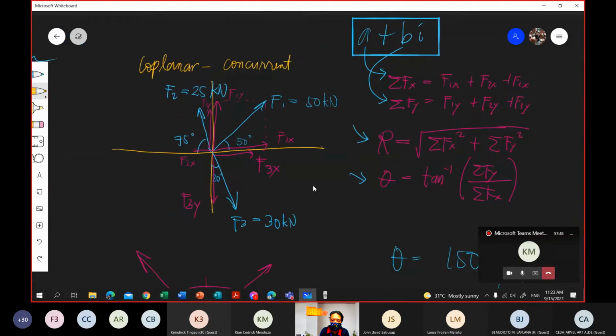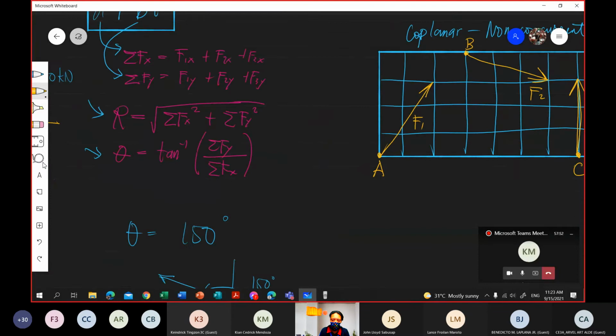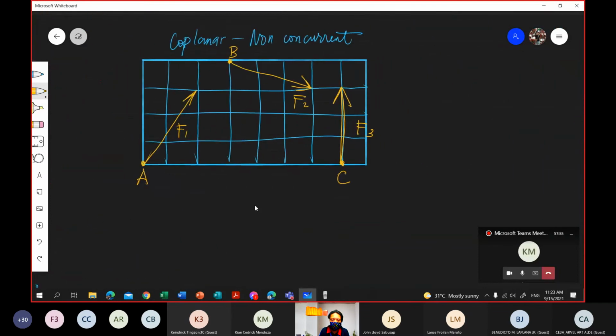Han coplanar concurrent, ang papabilin is the resultant and the direction. Since this is 2D na, ang papabilin dinhi is the magnitude of the resultant and the direction of the resultant. And one last thing is the location of the resultant. Take note, this is not concurrent naman.